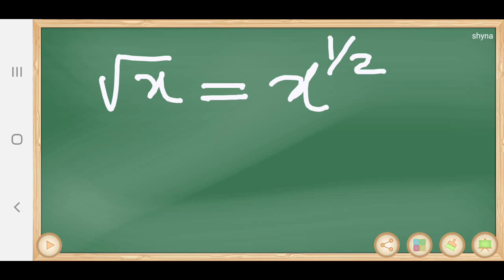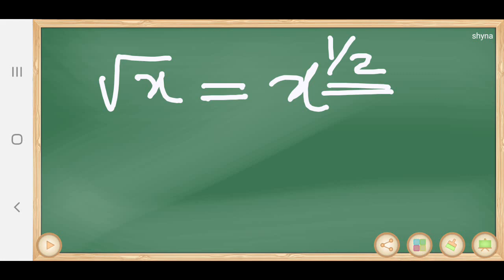Root x equals x raised to 1 by 2. Very important concept. Here the power of x is 1 by 2. 1 by 2 is not a whole number. So, x raised to 1 by 2 is not a polynomial.